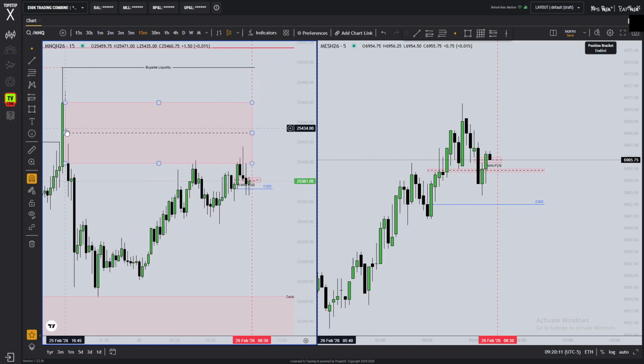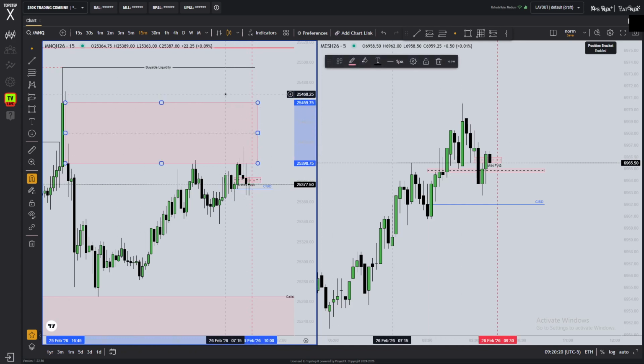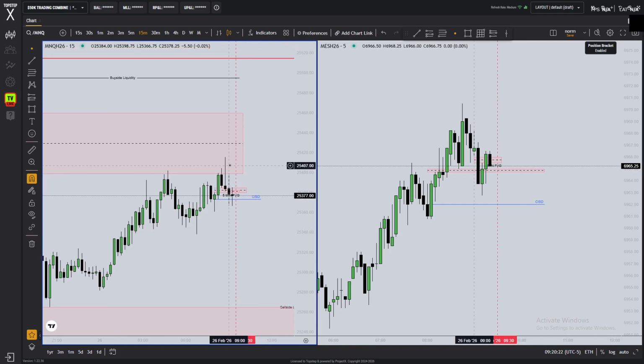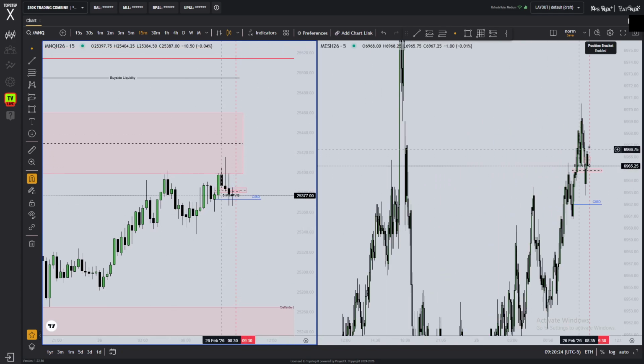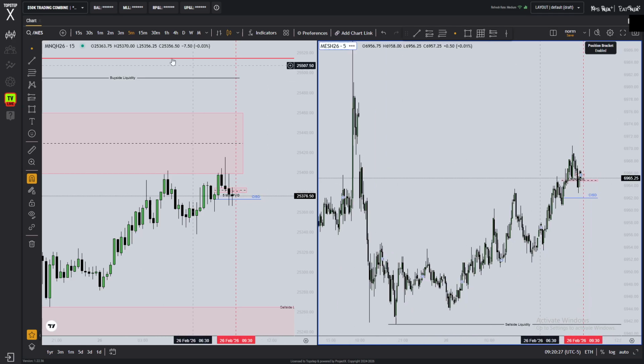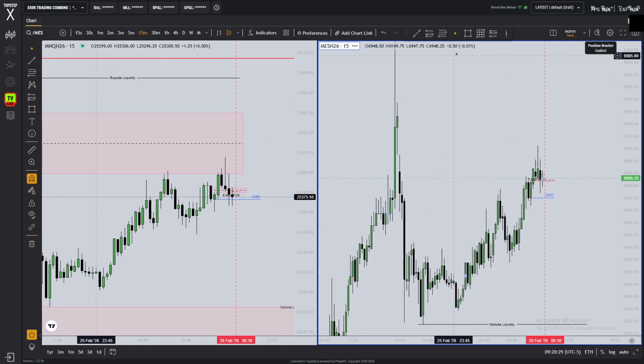You wouldn't just mark this wick because it's an entire volume imbalance. So you would have to start it from the body to the body. And like I said, if we want to manipulate this internal high, it would make a lot of sense. And then we just push lower.